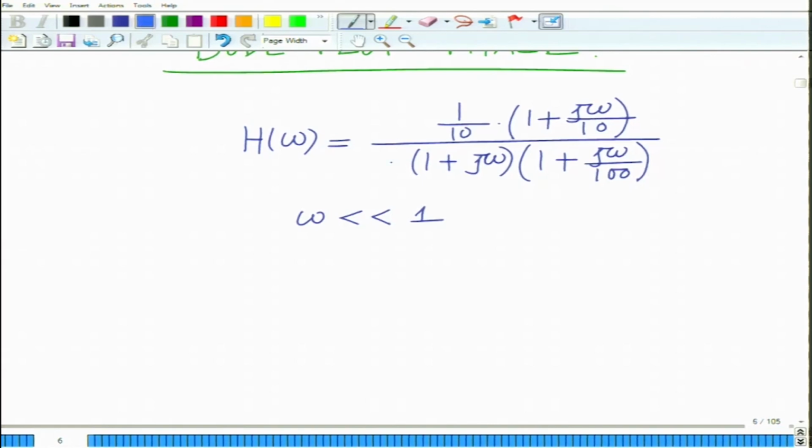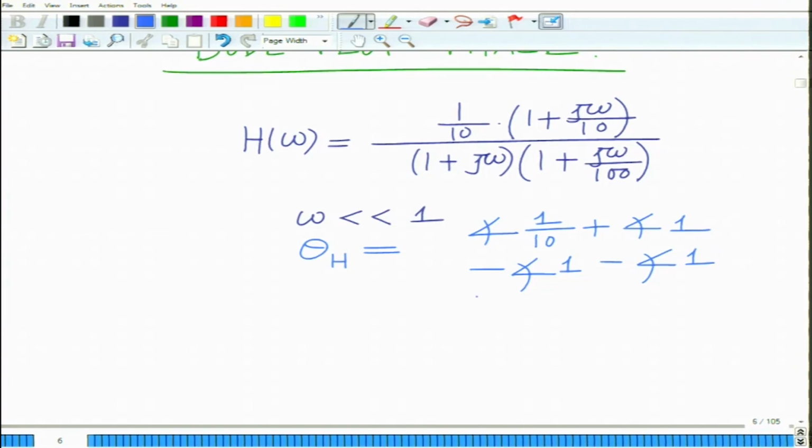When omega is much less than 1, the phase theta H, that is the angle of H of omega, you can clearly see is the angle of the constant 1 over 10 in the numerator, plus the angle of 1 in the numerator, because j omega over 10 is much smaller than 1, minus the angle of, in the denominator, 1 plus j omega approximated by 1, minus the angle of again 1, because omega is much smaller than 1.